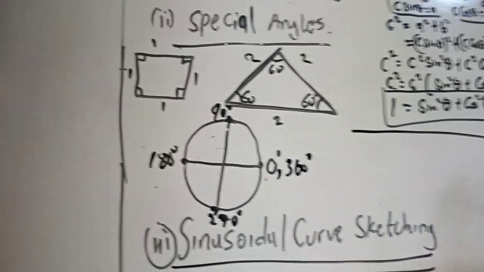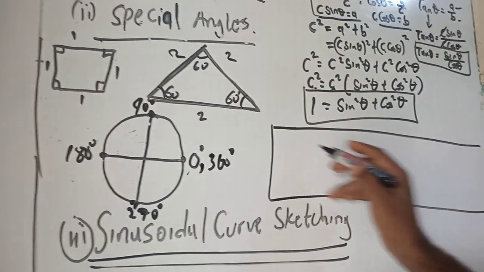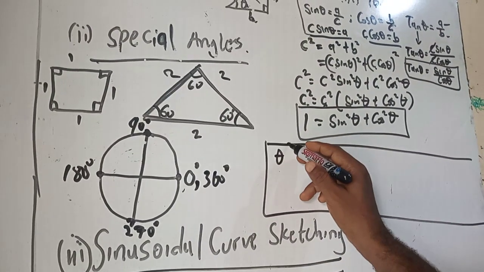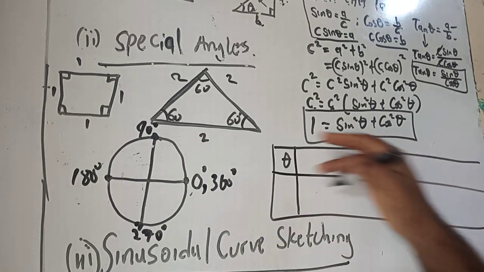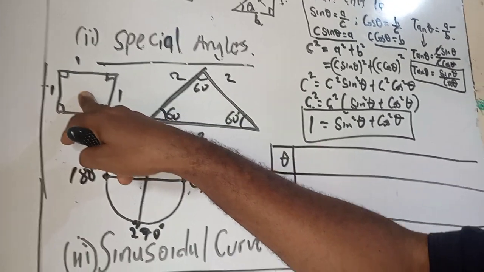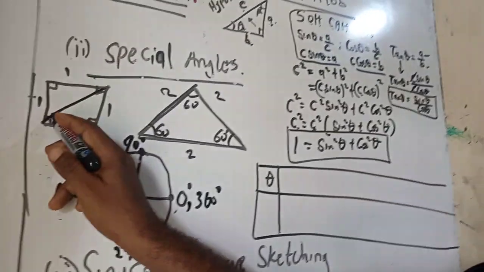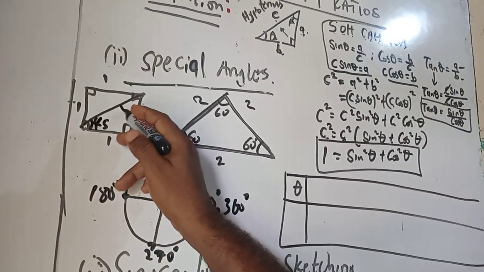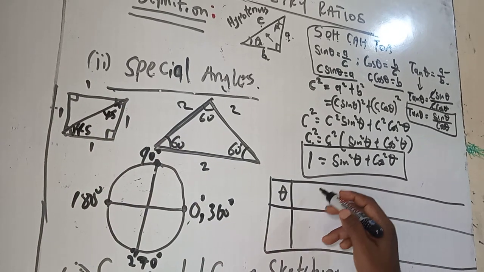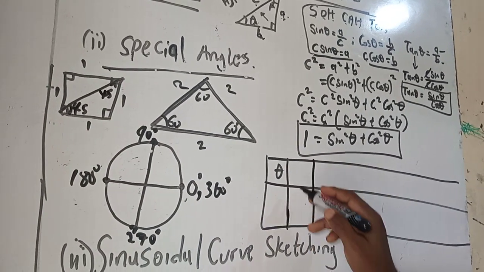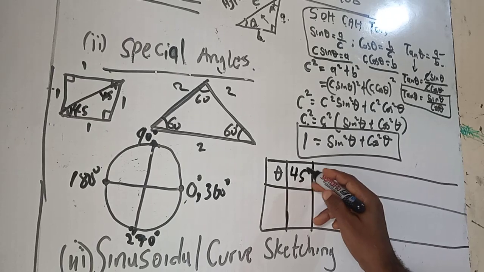So the special angles we are referring to, I want to write them out here. I talk about this particular square. If you divide this square into 2 equal parts, the angle you are going to have here will be 45 degree, 45 degree. So the first special angle we are going to talk about is angle 45 degree.